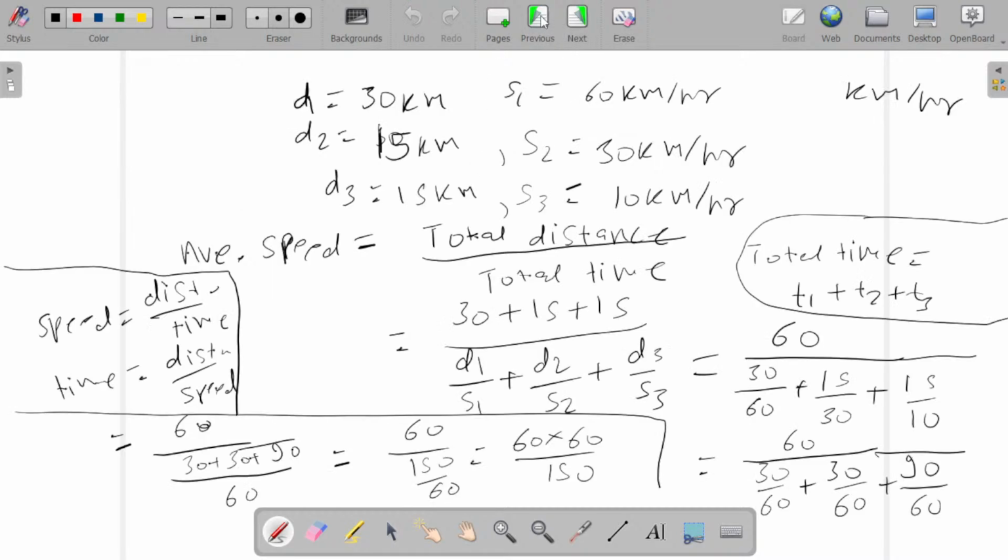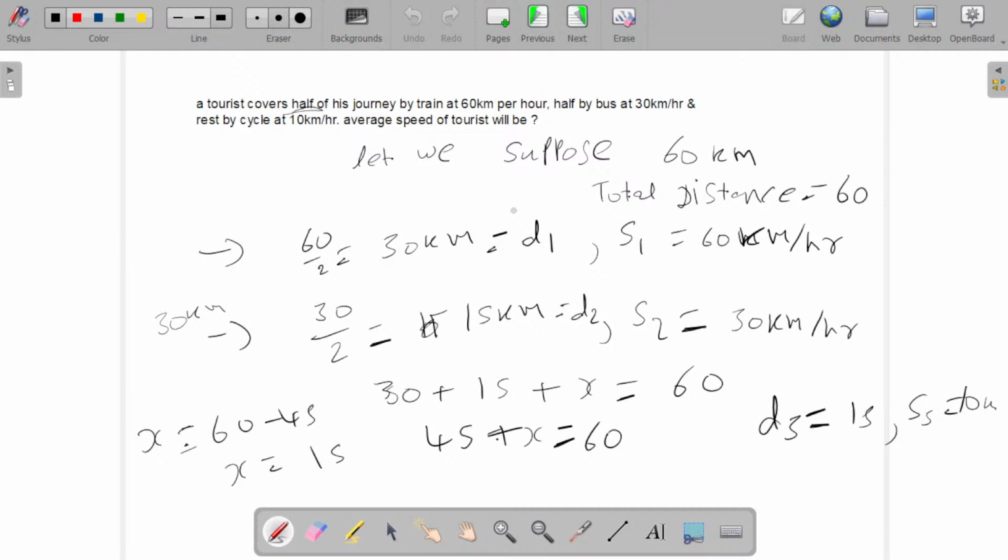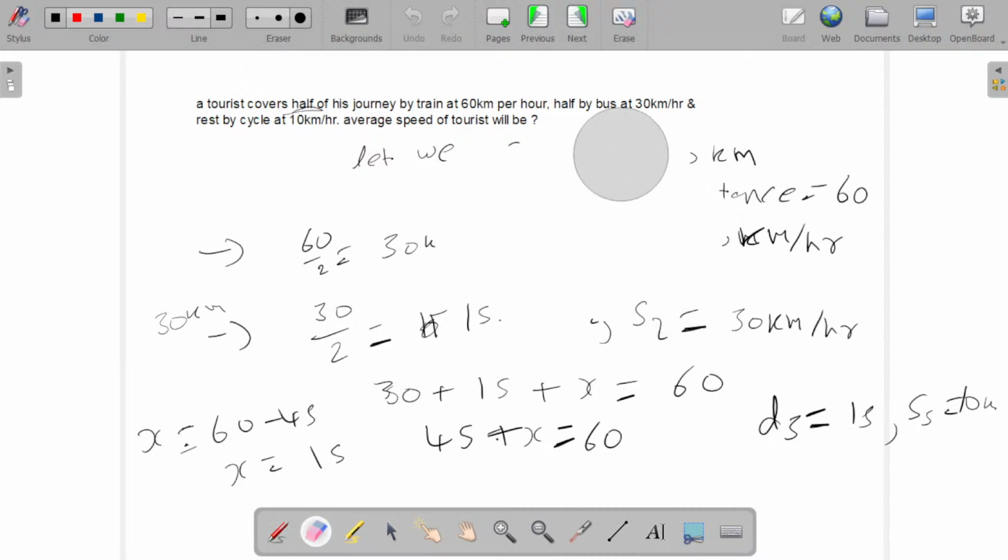Here what we did, we supposed distance as 60. So let's try without taking the number 60. So first we erase this.